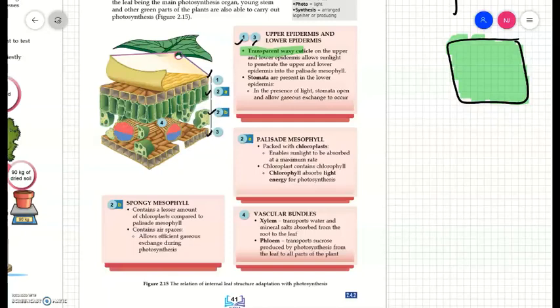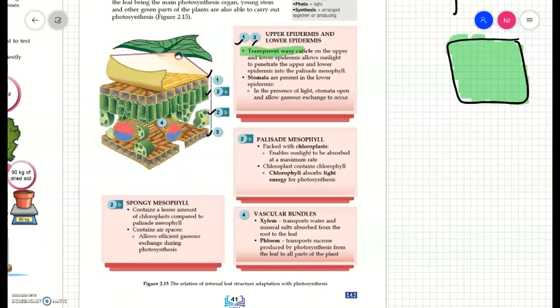Epi ni permukaan kan, teacher already told you. Epi means surface. So daun ni paling atas, even with the naked eyes, dengan mata kasar pun kita boleh nampak permukaan daun tu dia berkilat. That is a cuticle, permukaan daun. It's waxy and it's transparent. So they put it in one sentence, a transparent waxy cuticle.